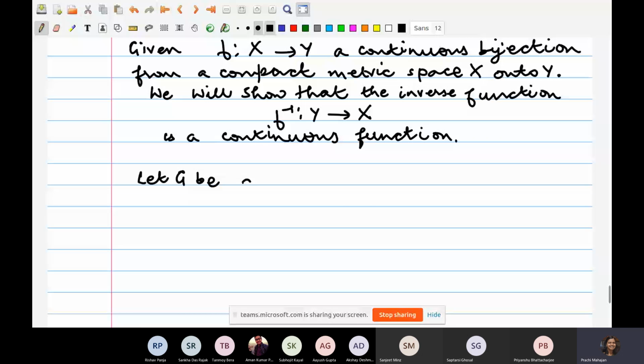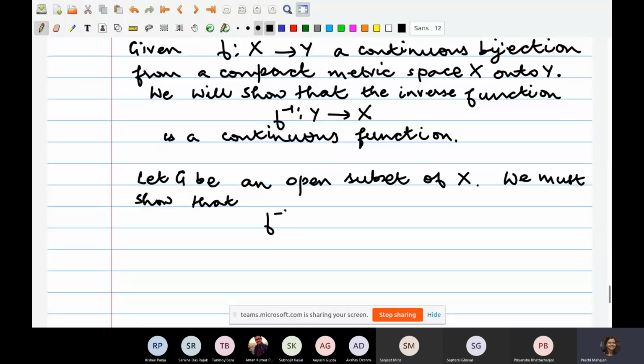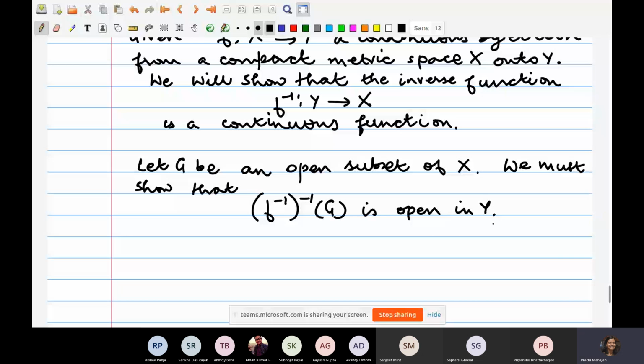In order to show that the inverse function is continuous, what are we required to show? We must show that you look at the function f inverse and pull back G, and this is open in Y. So let's look at this.